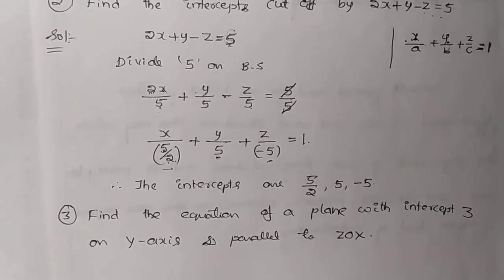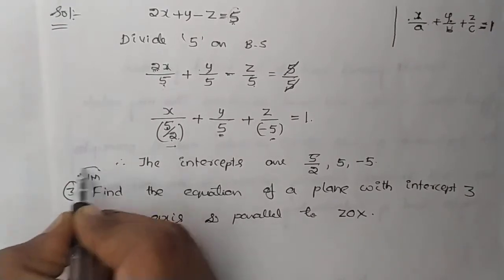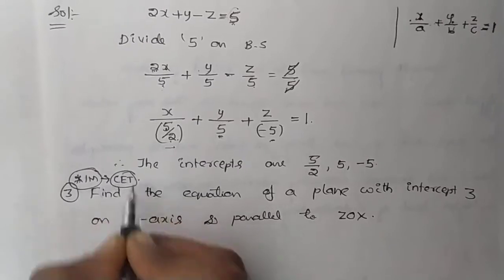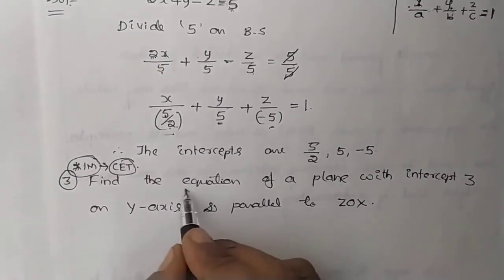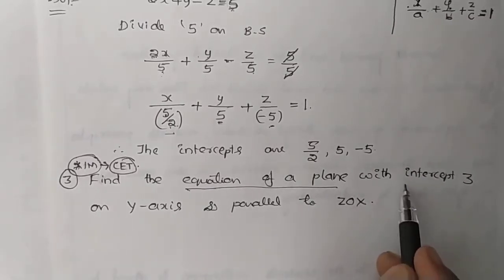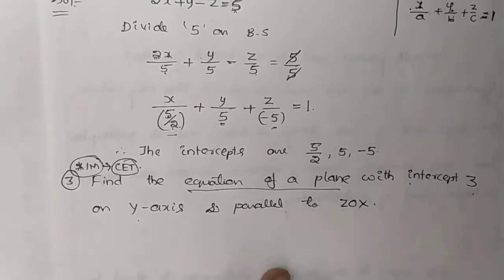It is an important problem for 1 mark, and also important for CET. Very simple it is. We have to find the equation of a plane. Hints are given that the intercept is 3 on the y-axis and parallel to ZOX, right?